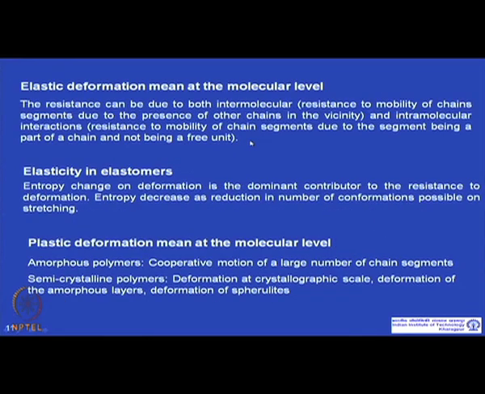What happens at the molecular level during elastic deformation? The resistance to deformation can happen both intermolecularly, where the polymer chains are entangled with each other, so the resistance to deform may be because of the presence of other polymer chain segments in the near vicinity, or it can be intramolecular, because polymer chains are entangled.